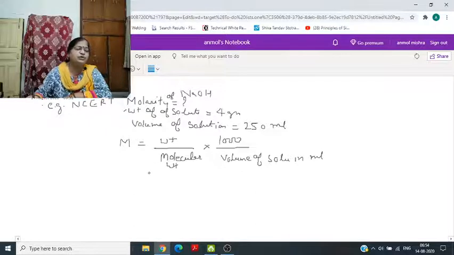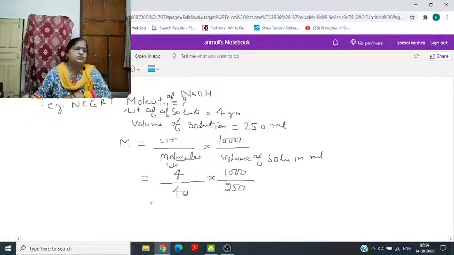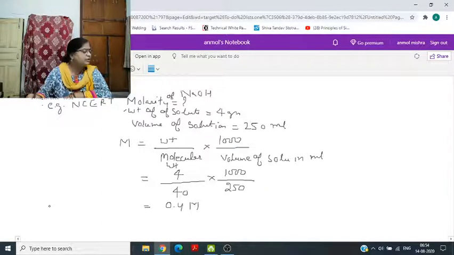Everything is given to you, only you have to calculate the molecular weight. The weight given is 4 and the molecular weight of NaOH is 40. So 4 by 40 into 1000 by 250 will be equal to 0.4 m. These are very small numericals, you can do it.